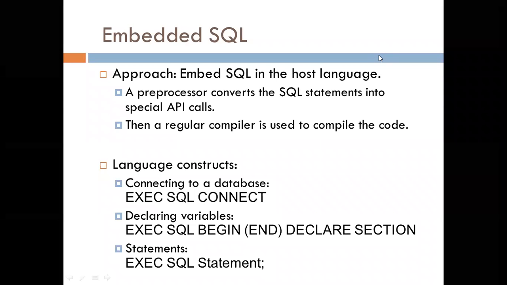In this mechanism, SQL statements must be clearly marked so that a preprocessor can deal with them before invoking the compiler of the host language. Any host language variables used to pass arguments into SQL commands must be declared in SQL. In particular, some special host language variables must be declared in SQL.